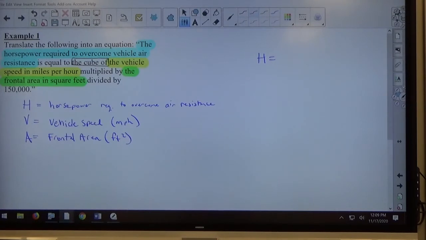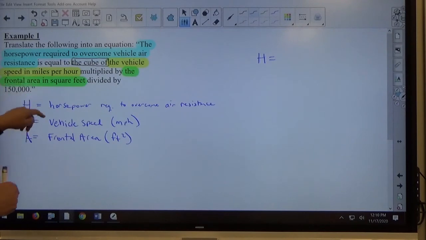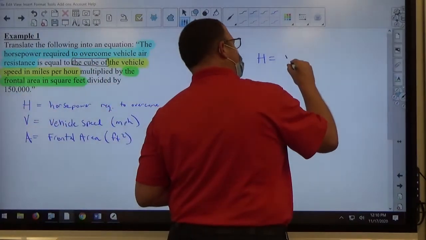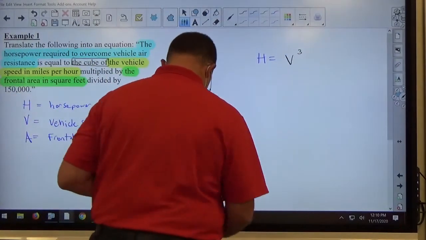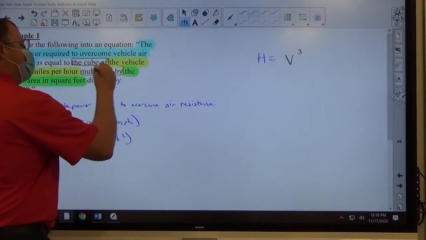If it said cube root, now we're going to do a root with a 3 on it. So just the cube means to take the third power. So the cube of the vehicle speed means the vehicle speed, which is V, to the third power. Multiplied by means times.